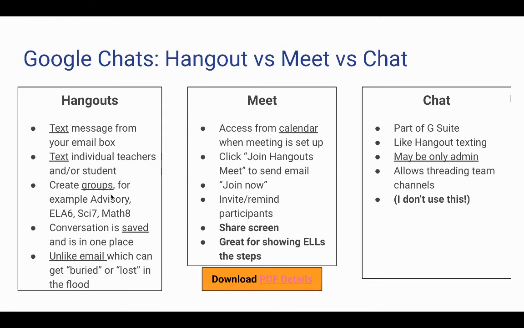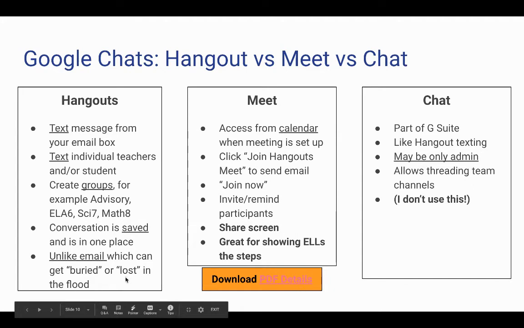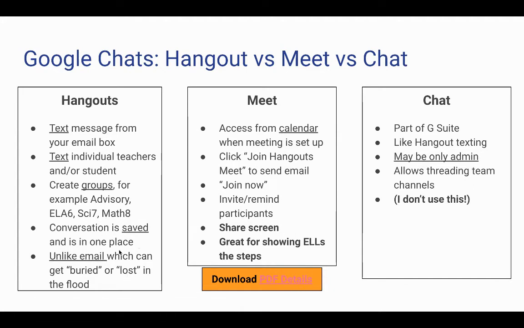You can create groups like an advisory or like the math team. Your conversations are saved just like they are in your regular text on your phone. What I like is that unlike email that can get lost or buried in the flood of other emails, these texts are there in one little box, if you wish to name it that way. I'll show you that in a second.